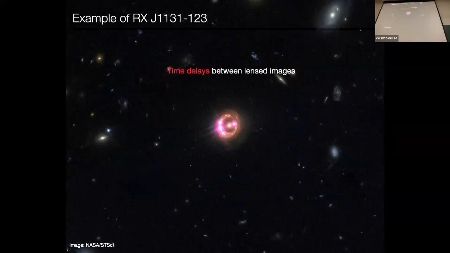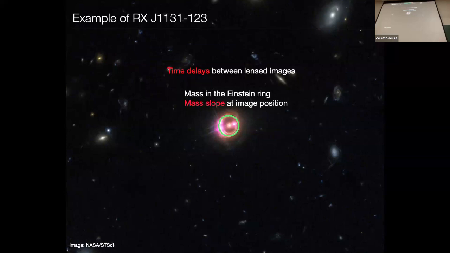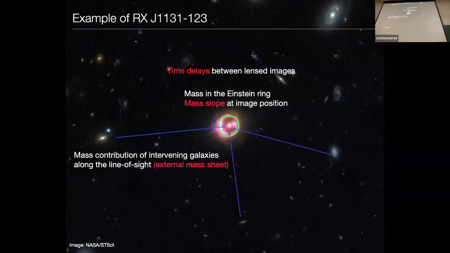So, ingredients: you need time delays between the lens images. That's an HST image of one of the most beautiful lenses on the sky. You need the mass in the Einstein ring, that's where the images sit. And you need the slope of the mass at the position of the lens images. Now we focus on these 2 things in this talk, but you also need to correct for any mass along the line of sight that leaks into the Einstein ring.